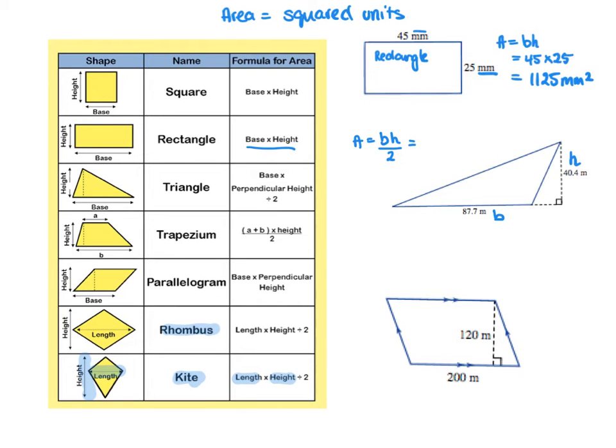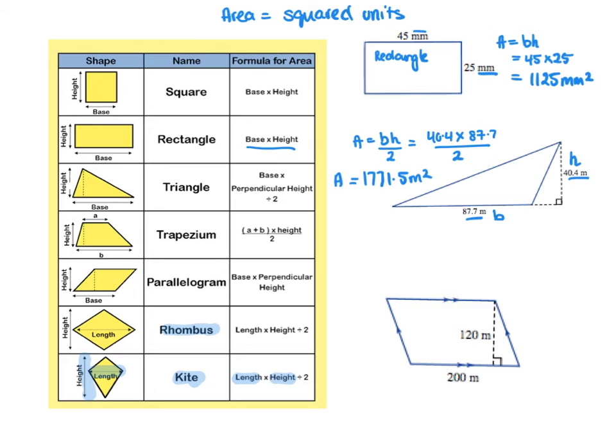So I could check that they're both in the same units, which they are, and I do 40.4 times 87.7 and divide by 2. Sorry, I'm going to put my answer over here. So you can do that on your calculators. Okay, and I'm going to do it to one decimal place this time. So 1771.5, and it'll be metres squared.